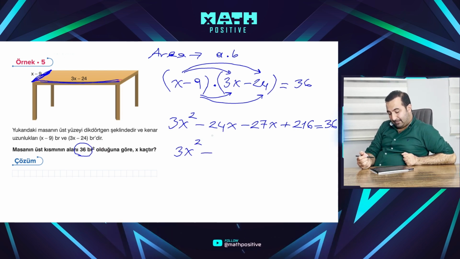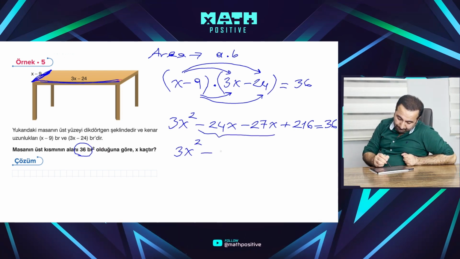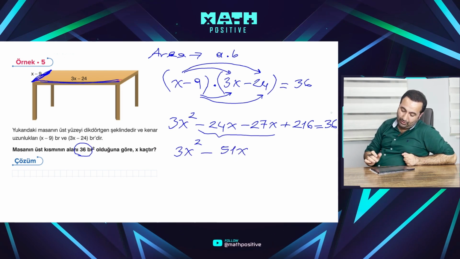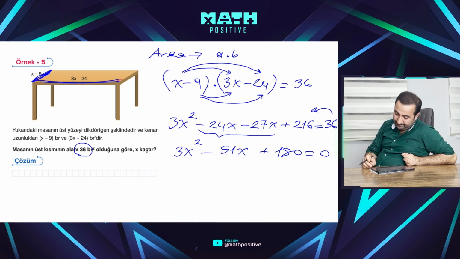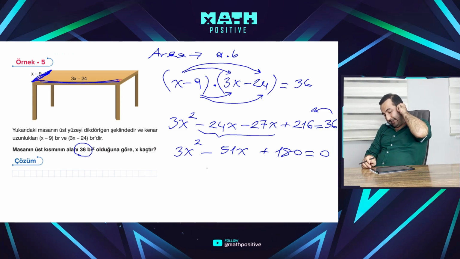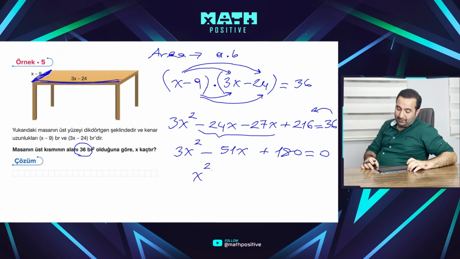Okay, let's write 3 times x squared minus, combining these two, 51x, and having 36 this side, plus 180 equals 0.